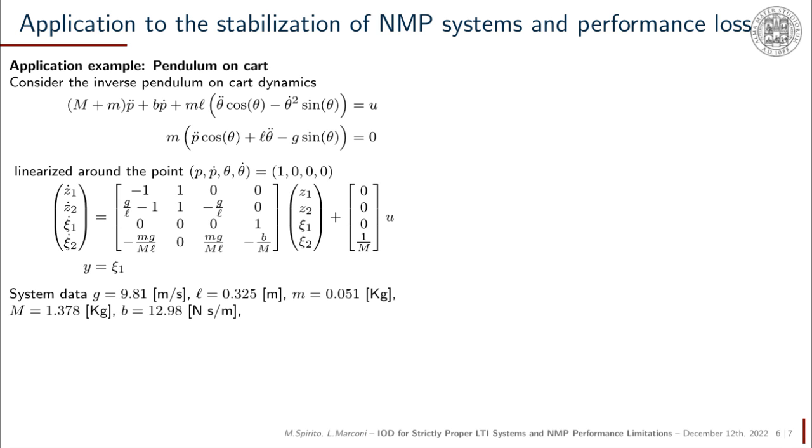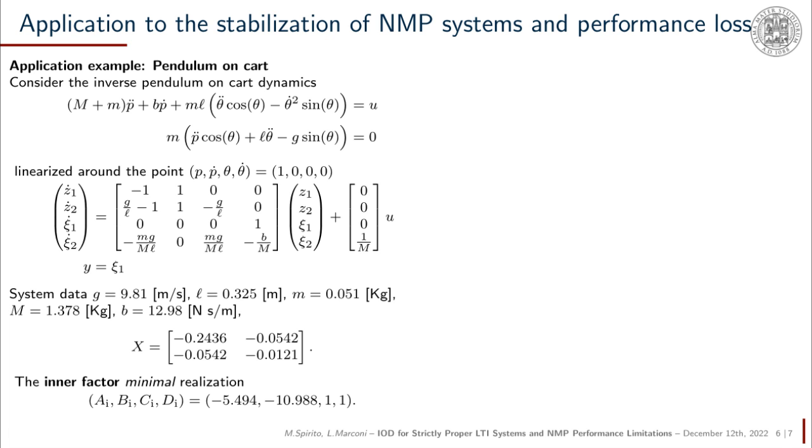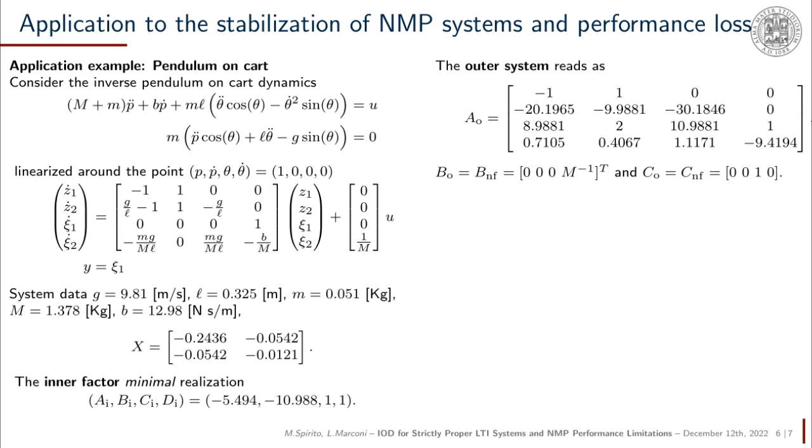And by taking into account the system data, we can solve for the algebraic Riccati equation, obtaining the stabilizing solution X, from which we obtain the inner factor in minimal realization, the outer system dynamics, and we define the stabilizer gain KO such that the closed loop outer system has the eigenvalues shown here, and we took the observer L such that the eigenvalues of the observer error are the ones reported here.